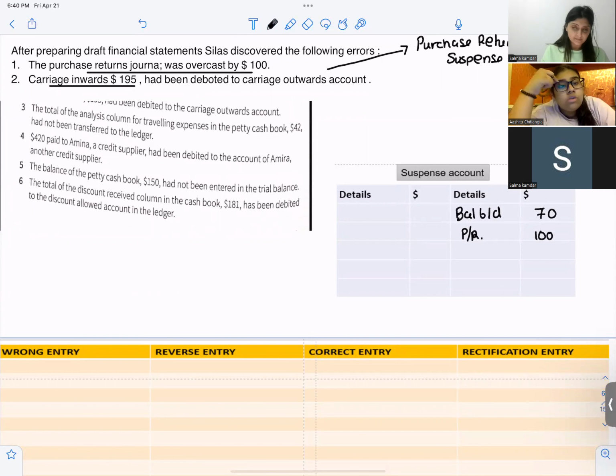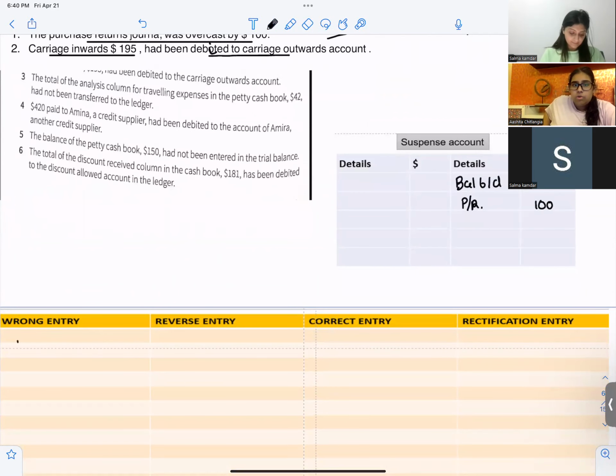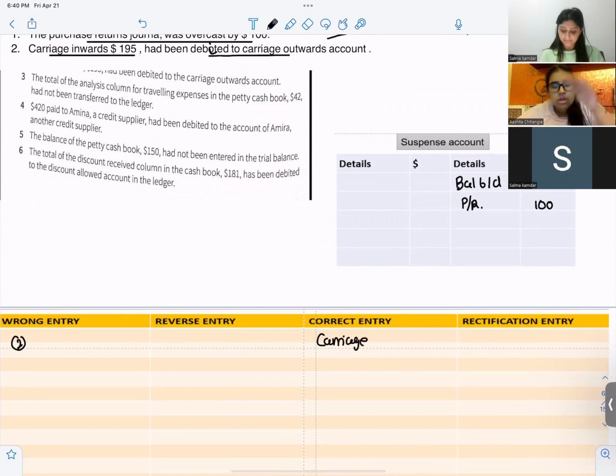Carriage inwards of $195 had been debited to the carriage outwards account. So the correct entry will be carriage inwards debit 195. The wrong is carriage outwards debit. Reverse would be carriage outwards credit.